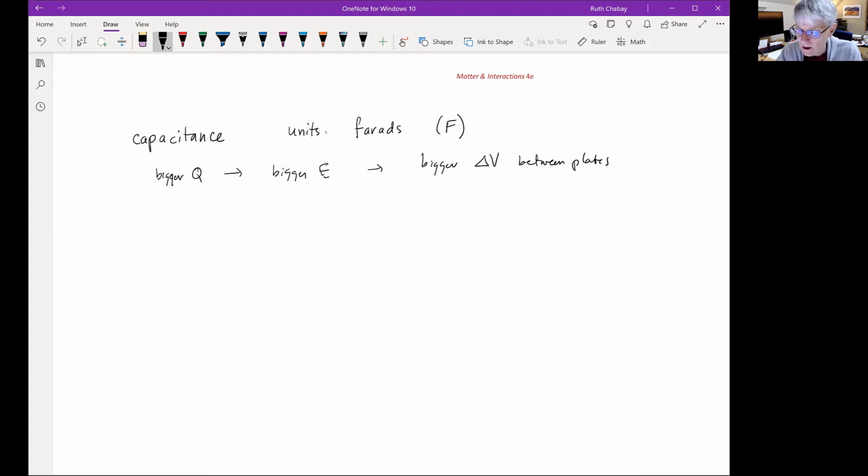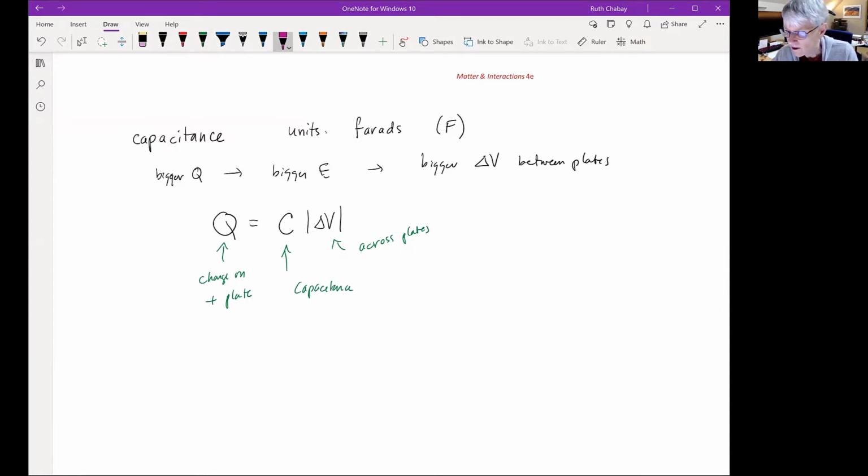So the relationship here is that Q, which is the charge on the positive plate, is proportional to the potential difference across the plates by this quantity C, which is the capacitance. So this is the charge on the positive plate, this is delta V across the plates, and this is the capacitance.